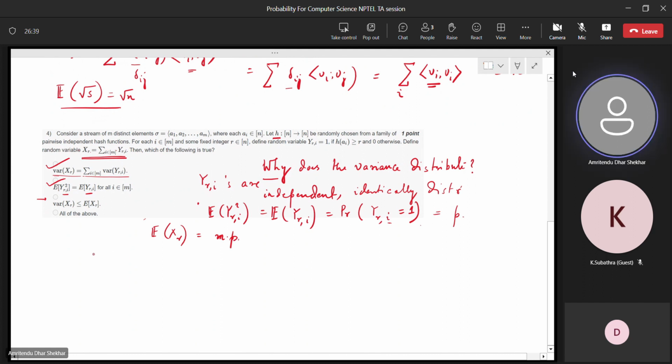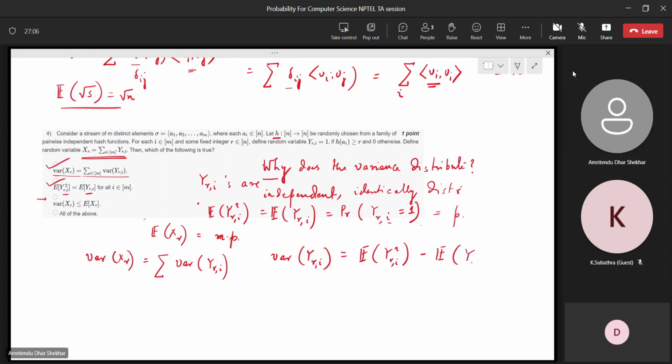Now, what is the variance of X_r? The variance of X_r is equal to the summation of the variance of Y_{r,i}. The variance of each Y_{r,i} is equal to the expectation of Y_{r,i} squared minus the square of the expectation of Y_{r,i}. The expectation of Y squared is p, and the square of the expectation is p squared.